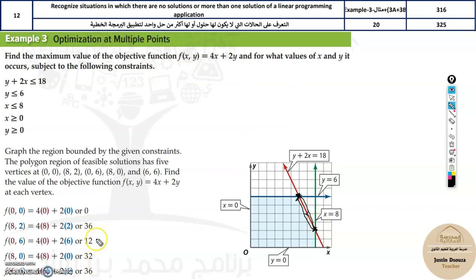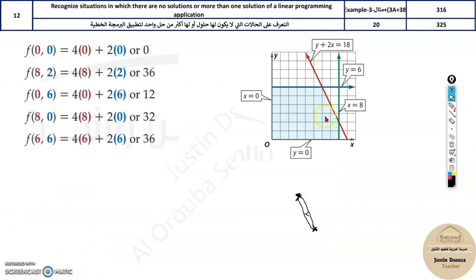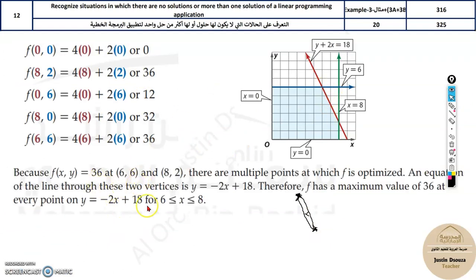You will get 36 as the answer. So the final answer would be: the maximum value is 36, at every point on this particular line, y plus 2x equals 18, from 6 to 8 in the solution region.